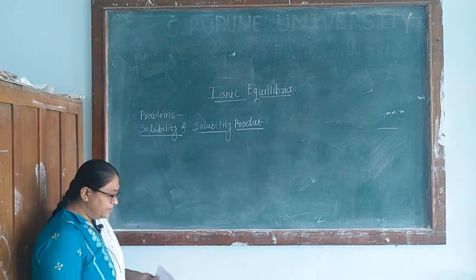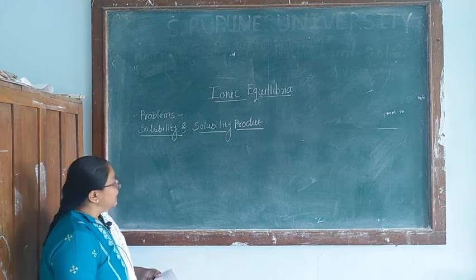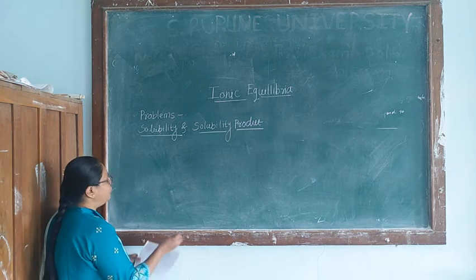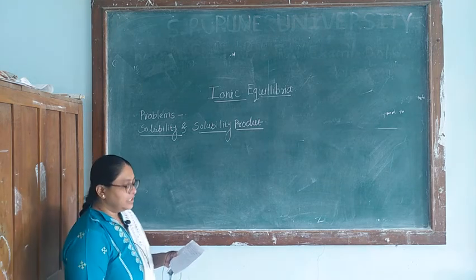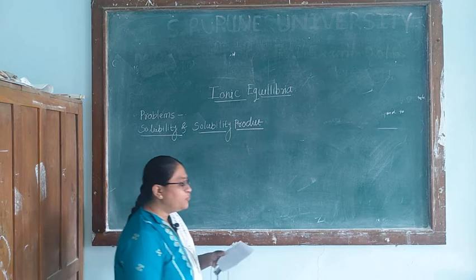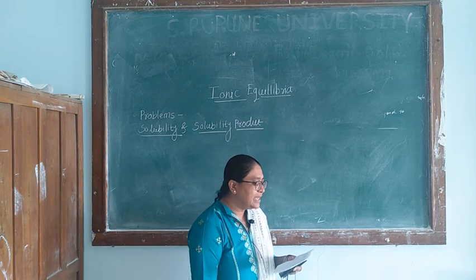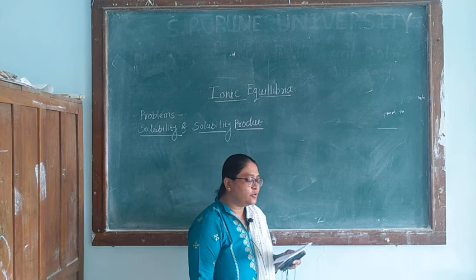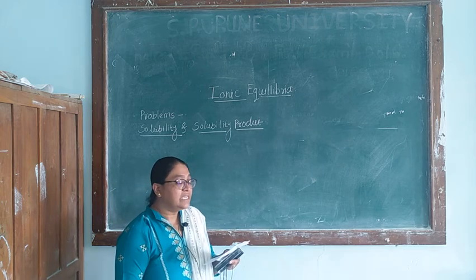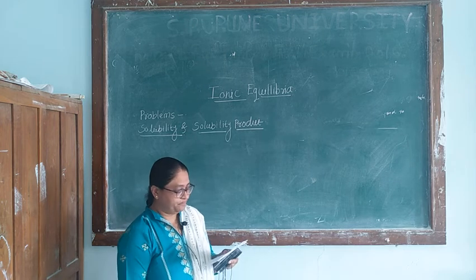So the first problem: the solubility product of silver chloride in water is 1.56 into 10 to the power minus 10. Calculate its solubility at 25 degrees Celsius in grams per liter.